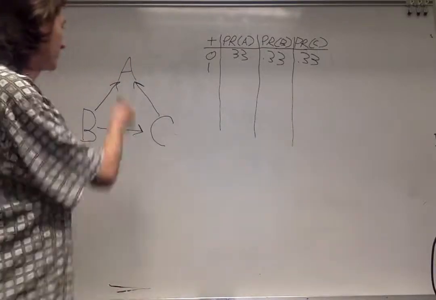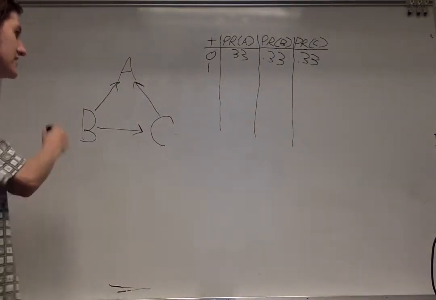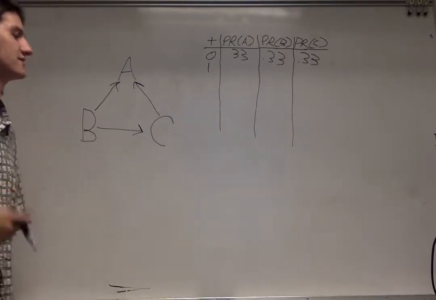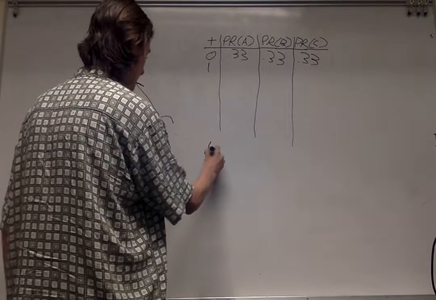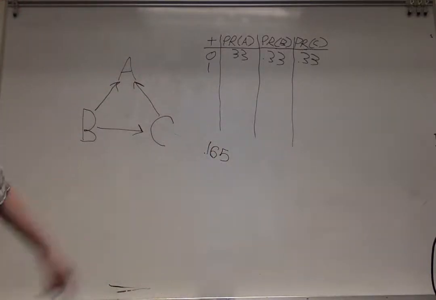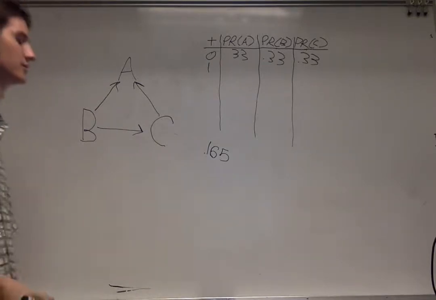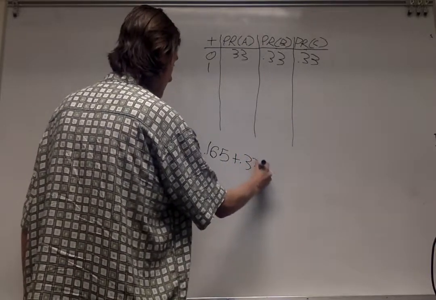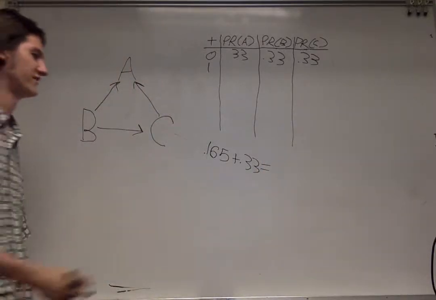Let's start off with A. We know that the two things pointing to A are B and C. B's weight is divided by 2, giving 0.165, and C is also pointing to A, but C only has one outgoing link, so we have the full 0.33, which will give us a total result of 0.495.